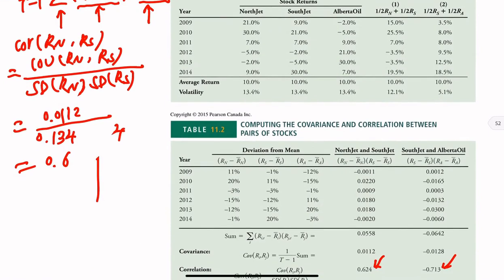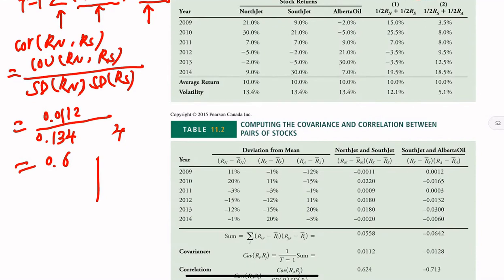Oh, there's a second point to make here. Although it's a little bit early to make this point, we could just read these numbers and try to understand why we get these numbers. So if you look at these portfolios, this portfolio is 50% in NorthJet and 50% in SouthJet.